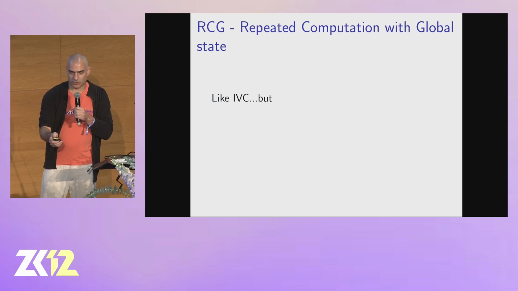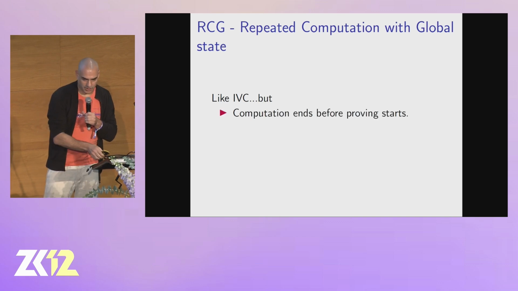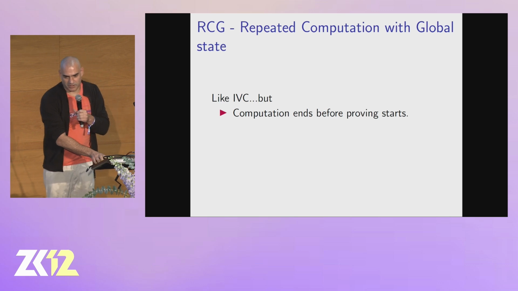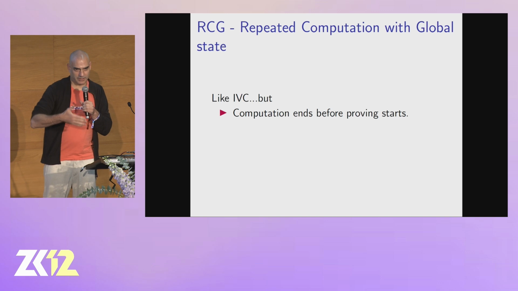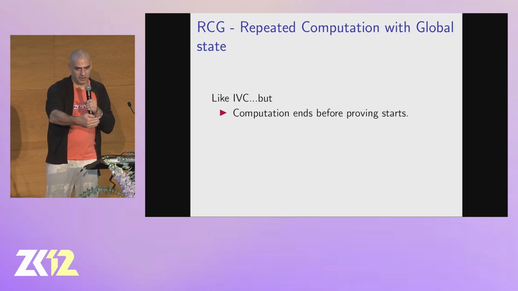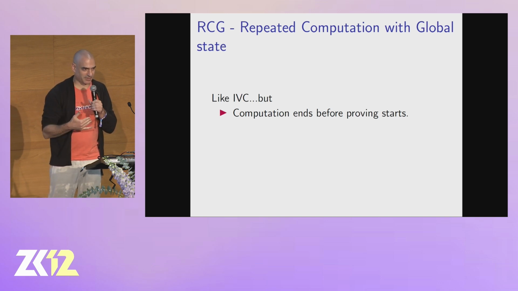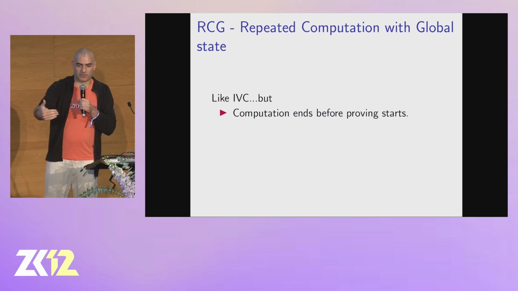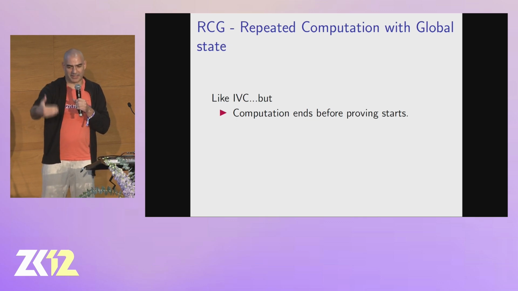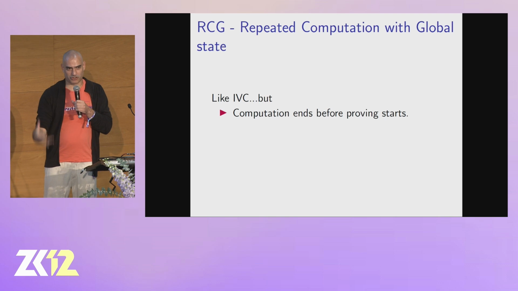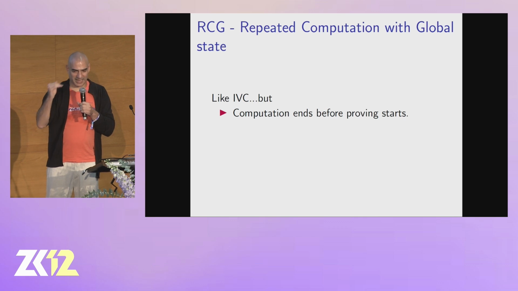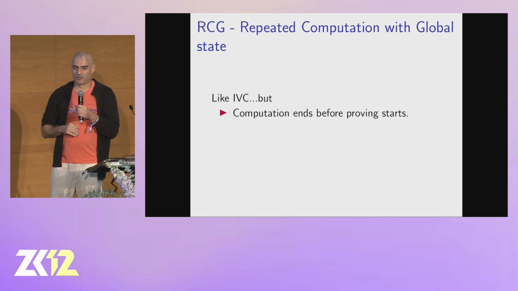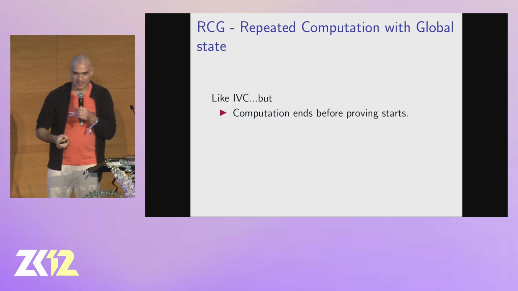But there are two differences. The first difference is that in RCG, we know the endpoint. The computation ends before proving starts. In the original IVC paper, Paul Valiant is talking about a computation humanity is going to be doing for generations; here we're assuming the computation has ended before the proving is started.